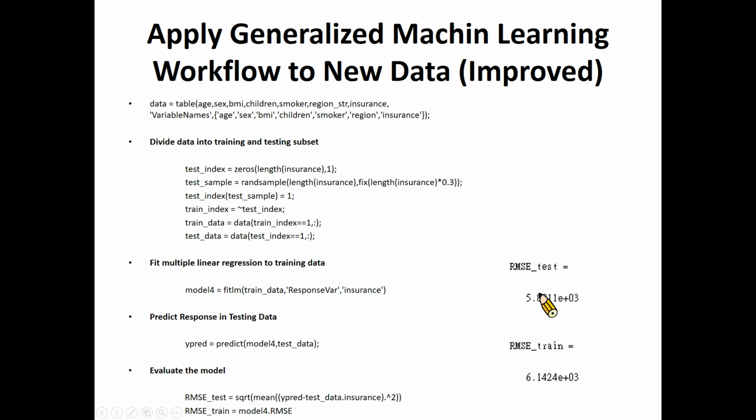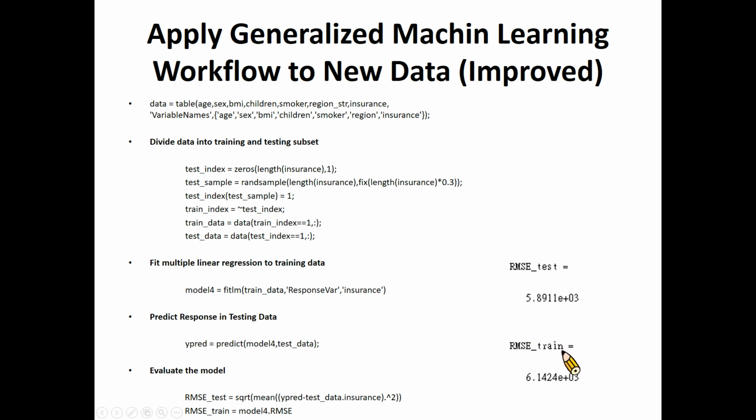Again, I want to let you know that because we have a randsample function here, each time you divide the data into training and testing, it will give you a random distribution of the training and testing subsets. That's why each time we get slightly different results.